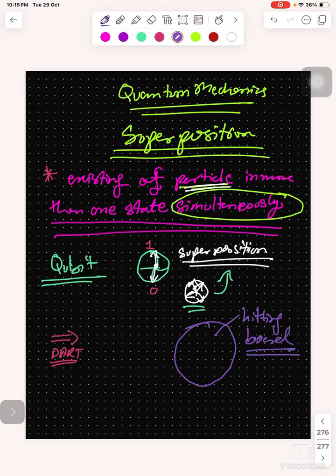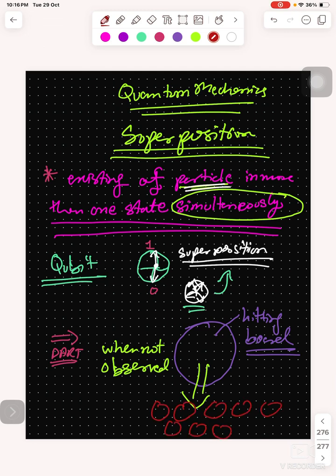On this hitting board, when not observed, remember, superposition is always when not observed, this thing will exist in multiple states.